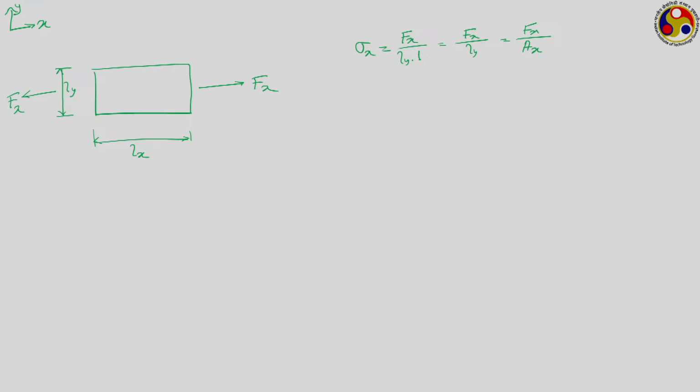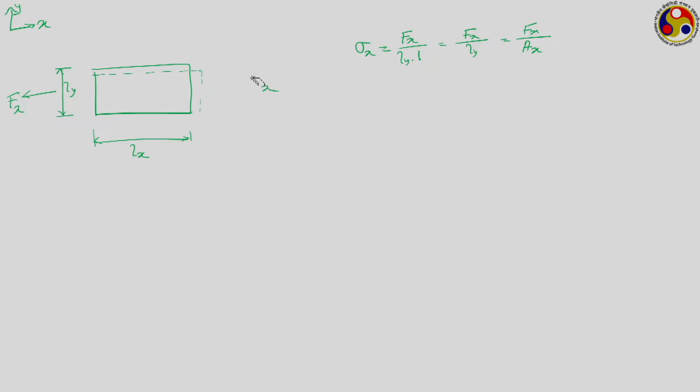Now, what will be the effect of this stress? This being a tensile stress, there will be an increase in length in the x direction, and to compensate for that there has to be a decrease in the dimension in the y direction. So, because of this your system may take a shape somewhat like this.